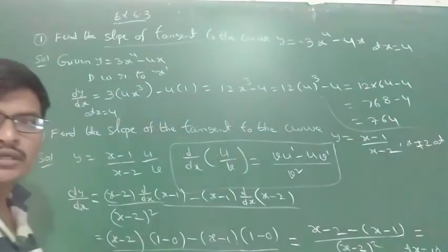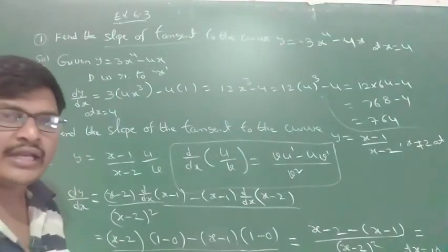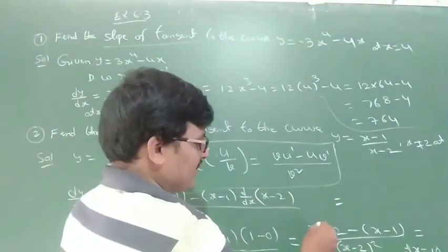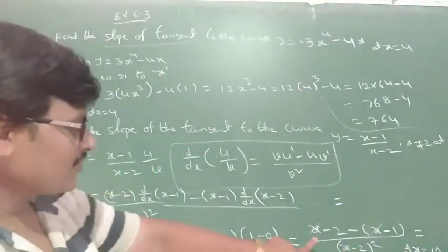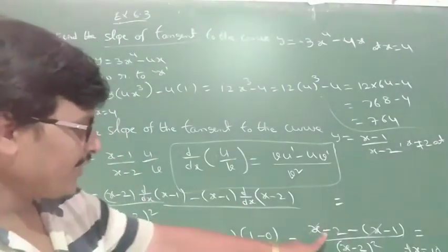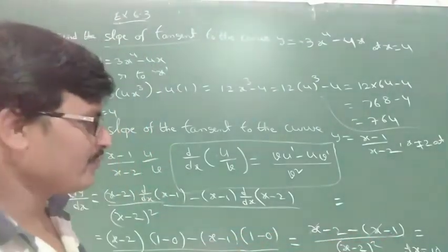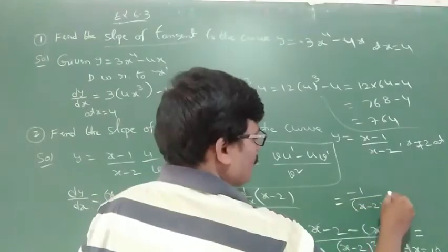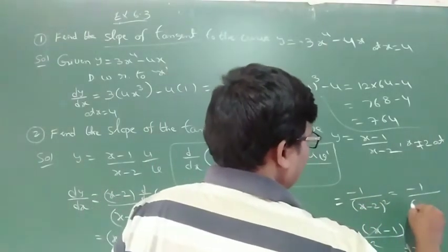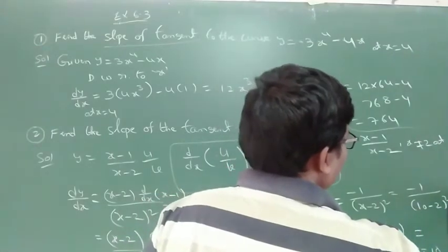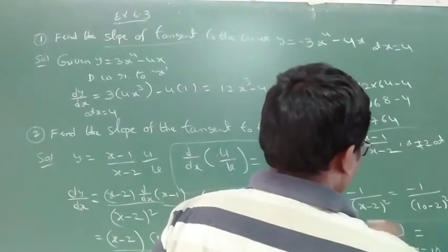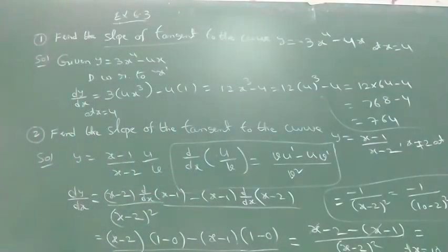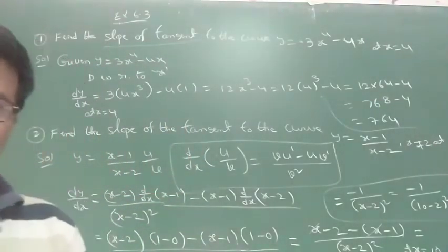The x cancels, this is plus 6, this is minus 6, minus 2 minus of minus 1 plus 1, that is equal to minus 1 by x minus 2 whole square, that is equal to minus 1 by 10 minus 2 whole square, that is equal to minus 1 by 64.